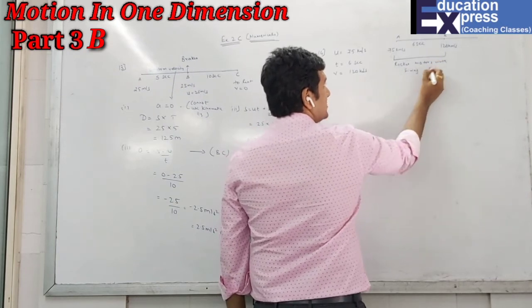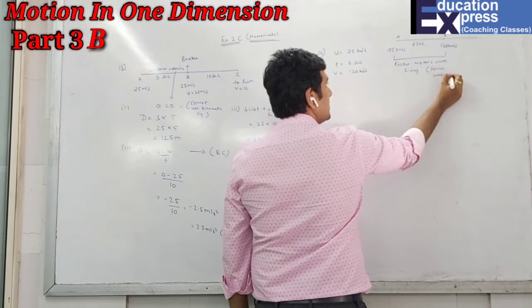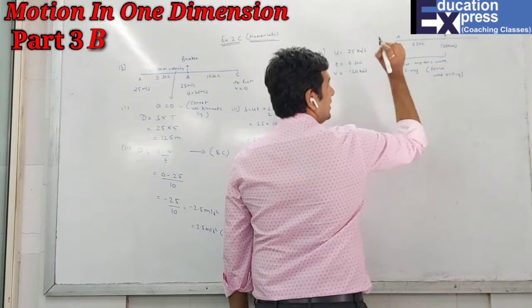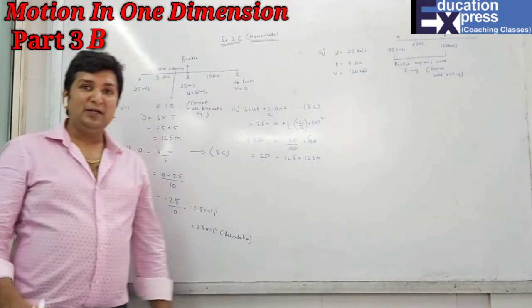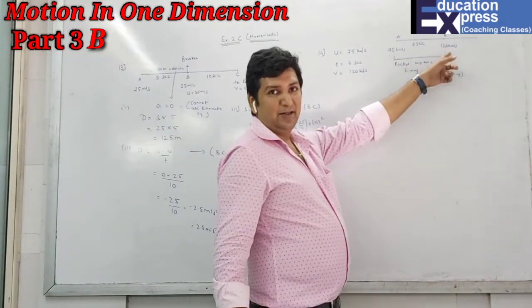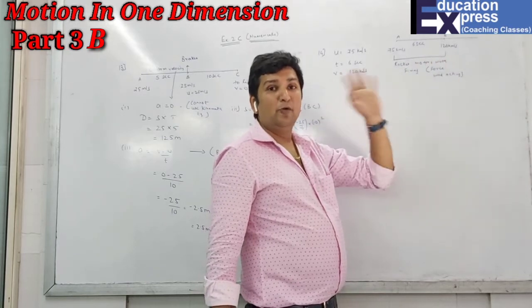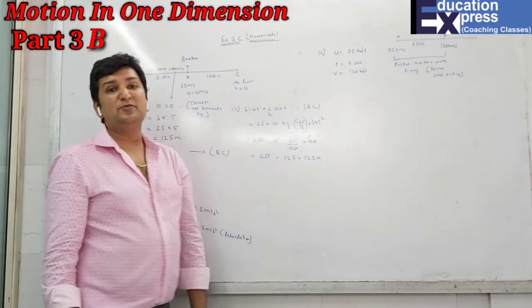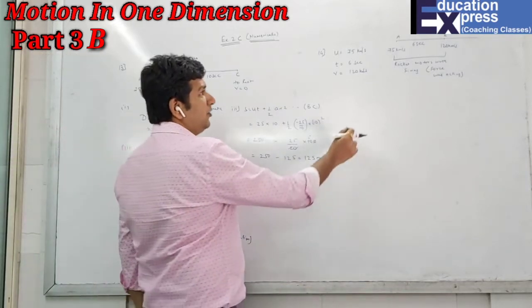In other words, force was acting. If you remember, in my formula sheet I have already given this: till the time the force acts, the body will accelerate. As soon as the force stops, the body will move with uniform velocity, that means without any acceleration. So first they asked me the average acceleration for the first 6 seconds.